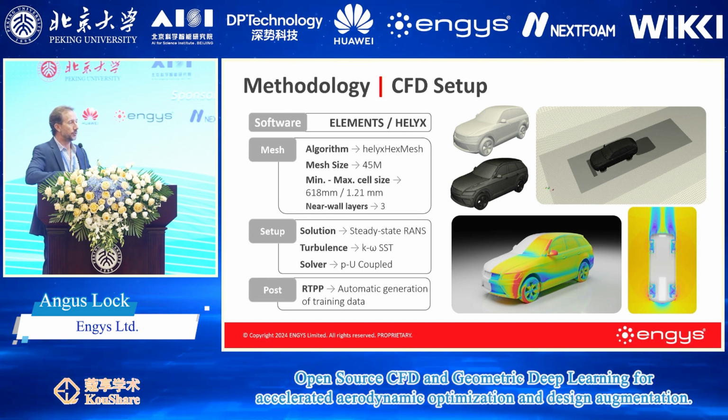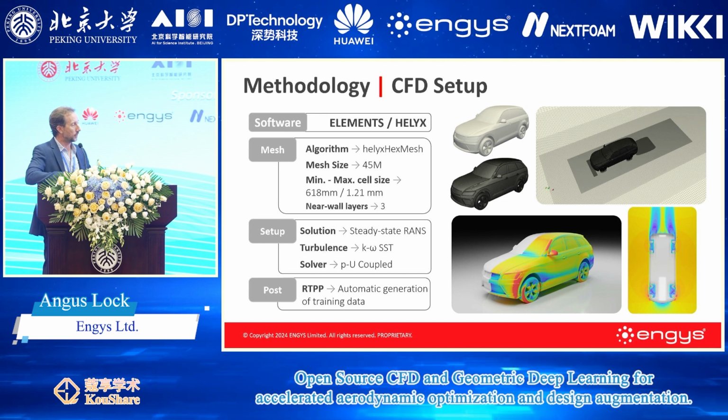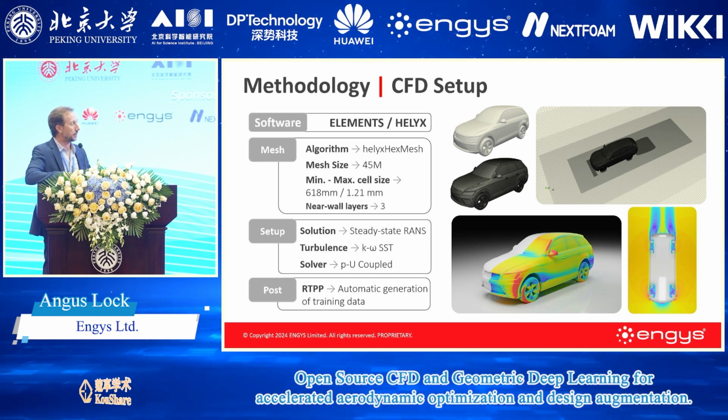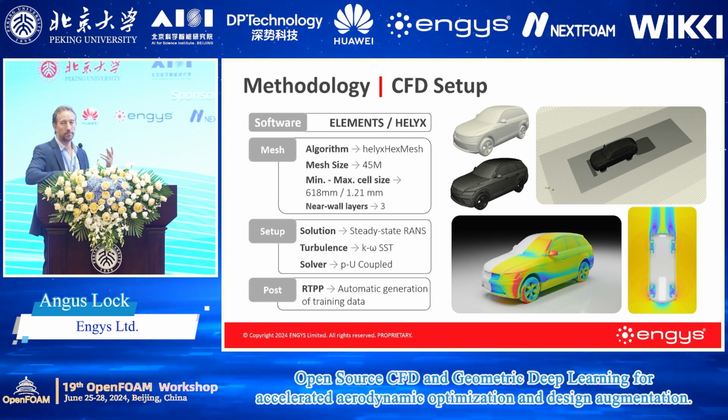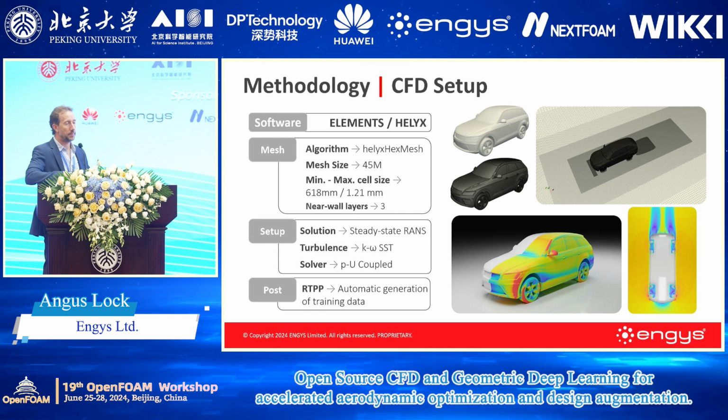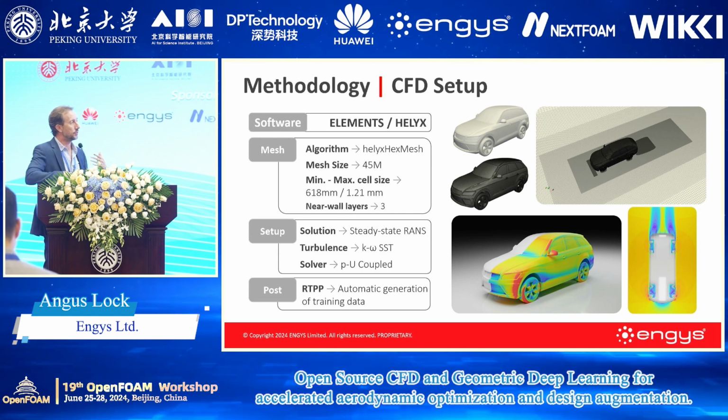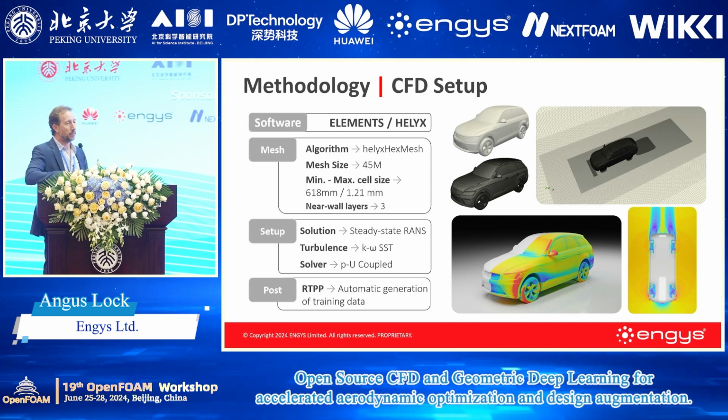So we're actually using a development of the precursor to Snappy Hex Mesh. And the two key developers of Snappy Hex Mesh actually work at NGIS. So that mesher has evolved to have better scalability.